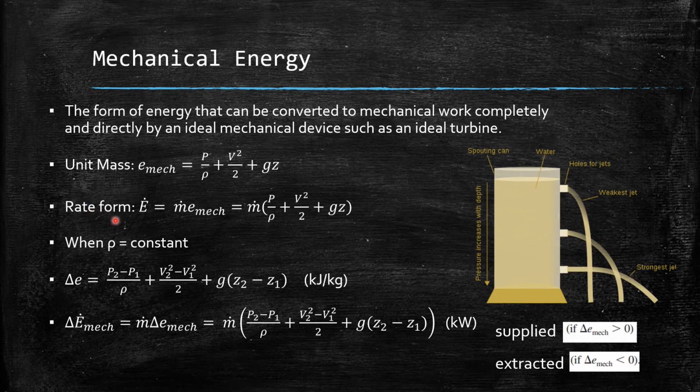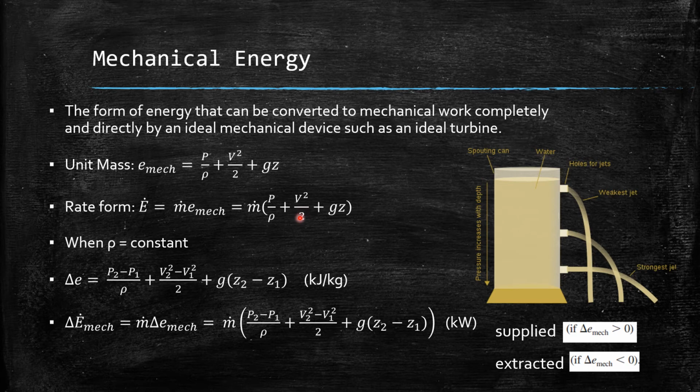Now, in the rate form, the energy is given by m dot times the energy per unit mass. M dot here is the mass flow rate of the fluid, and this is given by this equation, m dot times this expression.